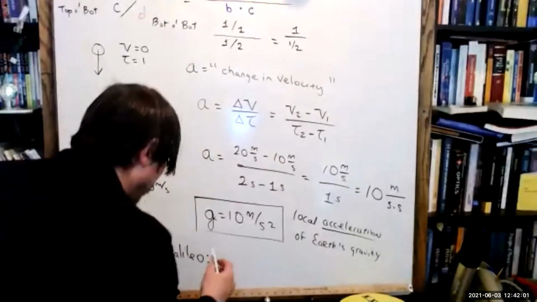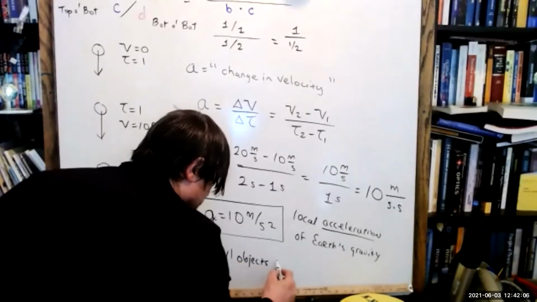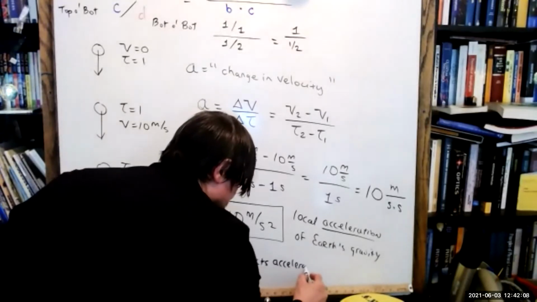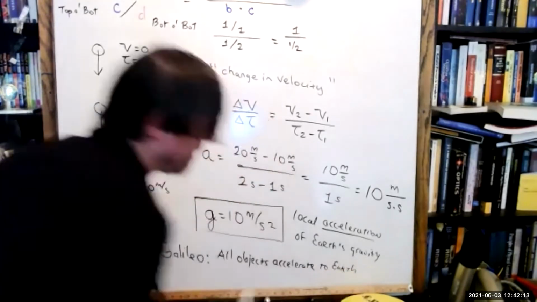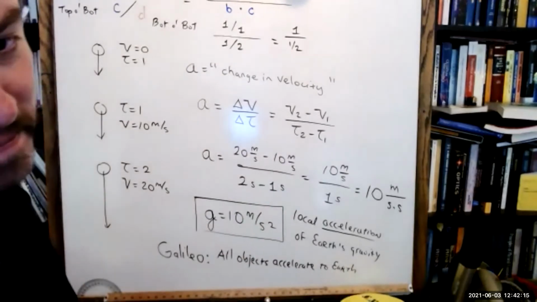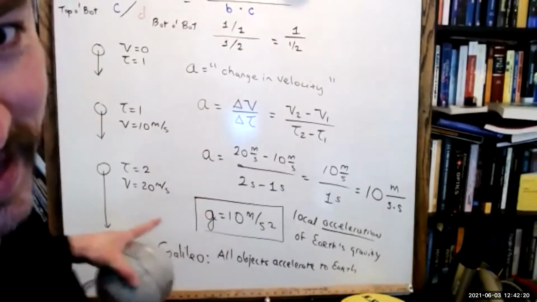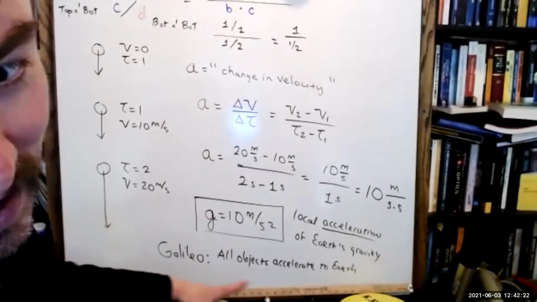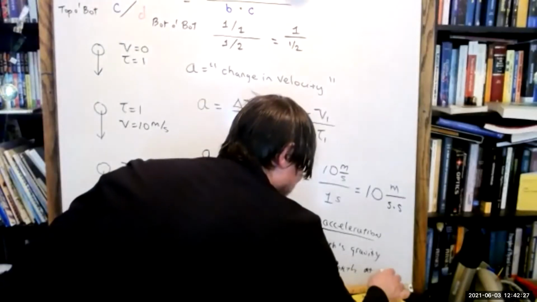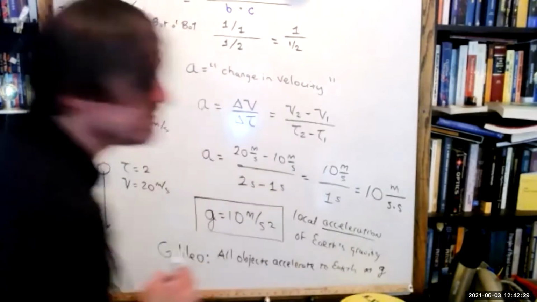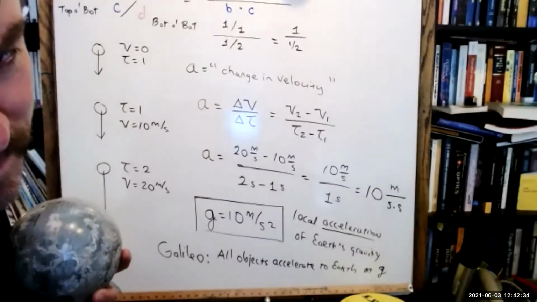Galileo discovered that all objects accelerate to Earth, okay, I'm running out of room here, at the same acceleration. I keep wanting to say the word rate, but you can't do that because rate means speed, okay? All objects accelerate to Earth at little g, at 10 meters per second squared.